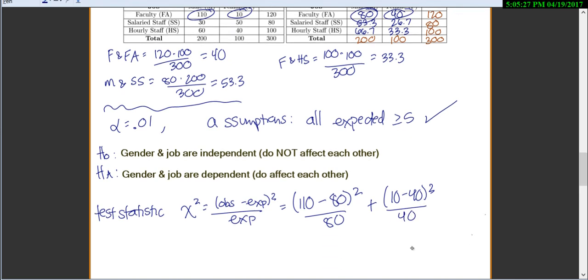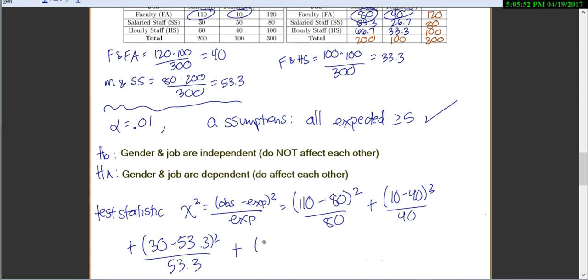And I'm going to do that for every spot. It doesn't matter what order I have them in, as long as I match up the correct cells. So 30 and 53.3. 30 minus 53.3 squared over 53.3. Now the things I see people mess up on the most is they accidentally divide by the observed value, or they don't make sure they match up their cells correctly.